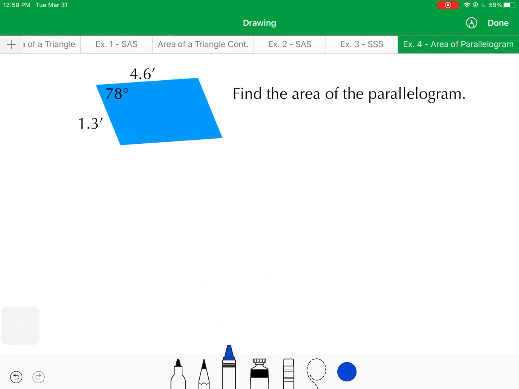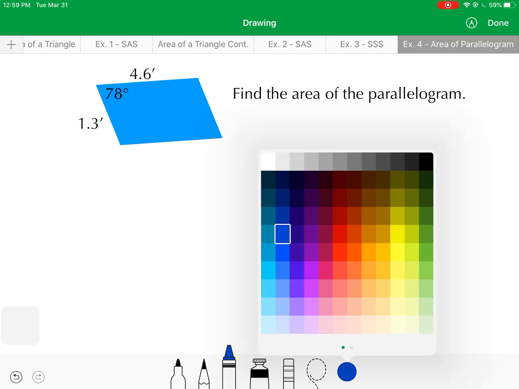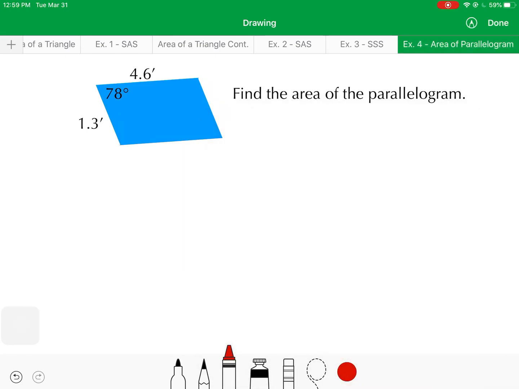All right, last example. This time I'm working with a parallelogram. And this is kind of where the warm-up comes into play here. I can divide this parallelogram into two triangles just by connecting, let's say, these two vertices here. And the nice thing about this being a parallelogram is I know that these two side lengths are congruent.